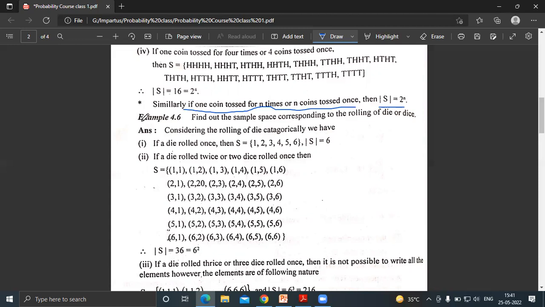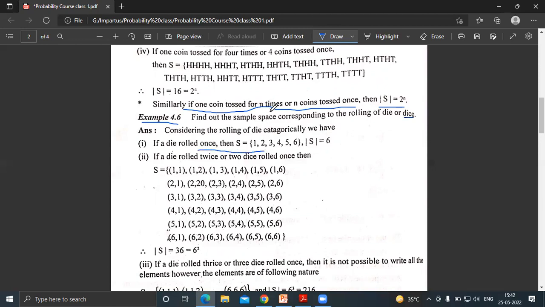So we come to another example: find the sample space corresponding to rolling a die or dice. If we roll a die 1 time, it is a die; 2 times, 3 times, that is called dice. So if we roll a die, what is its outcome?